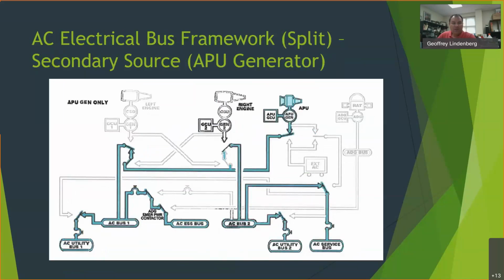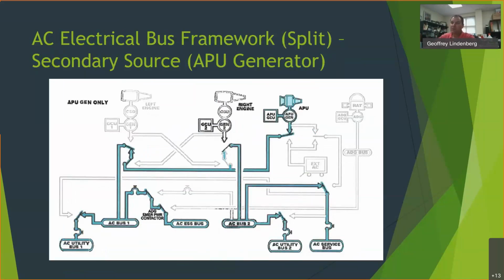The next part is our secondary source, and this is the APU. The most common use of this is on the ground, where we don't have engines running, say the airplane's at a gate, but there aren't ground power or air sources available, or as the plane's getting ready to start its engines. The APU is often used as a power source, but this is the secondary power source.